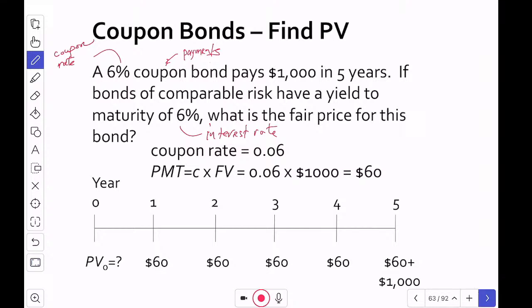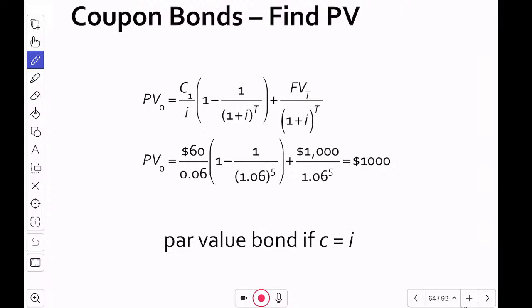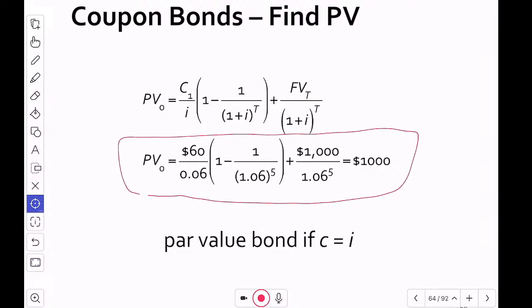If you put this in your calculator, so in the test you write this whole statement out, you will find, so what would you put in your calculator? You would put 5 in N, from left to right, correct? Then 6 is the interest rate that you put into I/Y. I won't put the percent there because people might think they have to press percent.